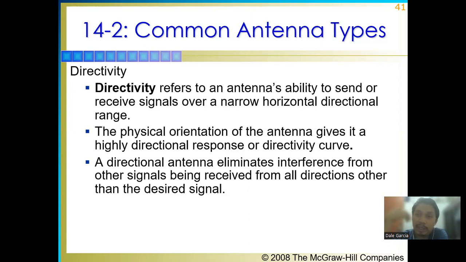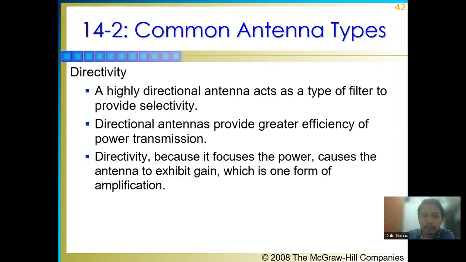Let's say 10 meters away to the north of the antenna, you receive the signal. It will not follow that 10 meters south of the antenna it receives the same energy or the same power level. So that's what we mean when we say directive. It is focused, with the power going in one specific direction.